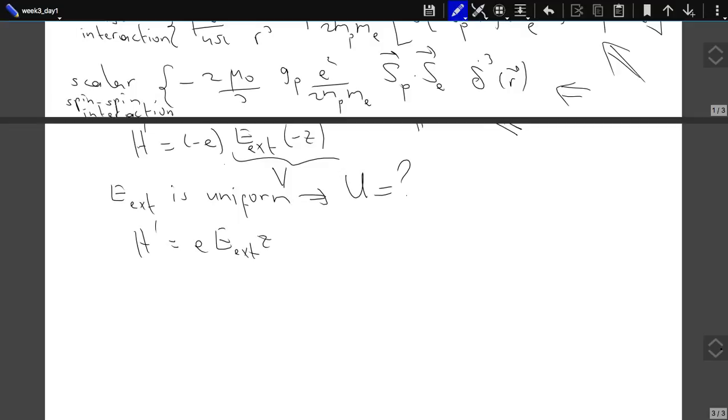Now let's calculate the corrections. The matrix element of n, l, m, H prime, n, l, m.